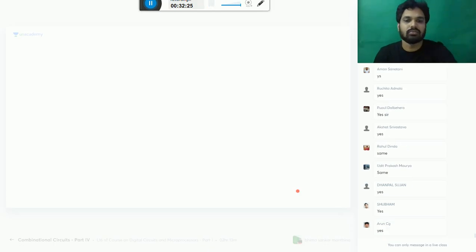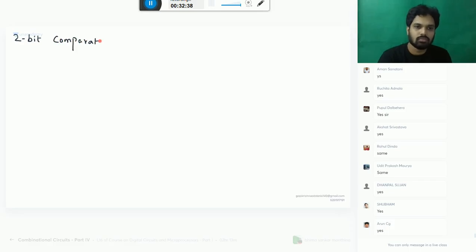Now listen. 2-bit comparator circuit. So you have a 2-bit number A, which is A1 and A0, and another 2-bit number B, which is B1 and B0.